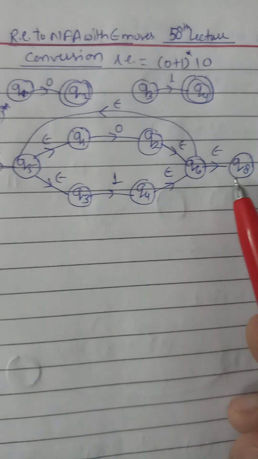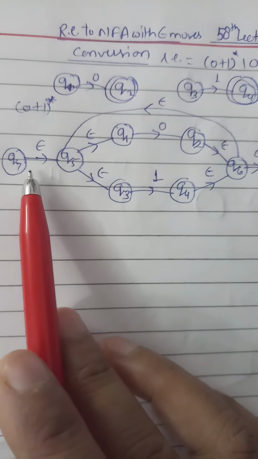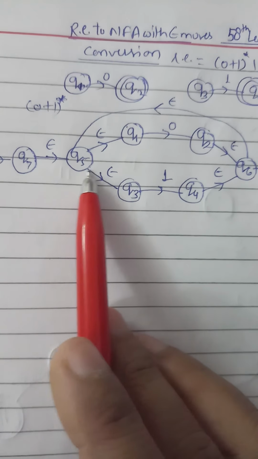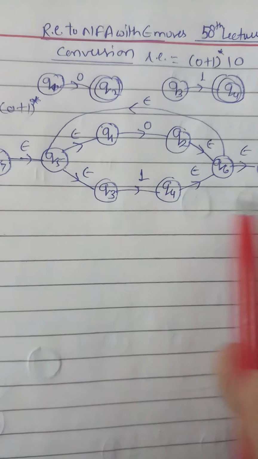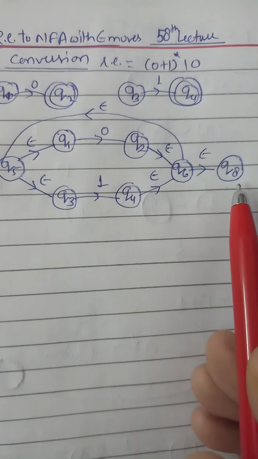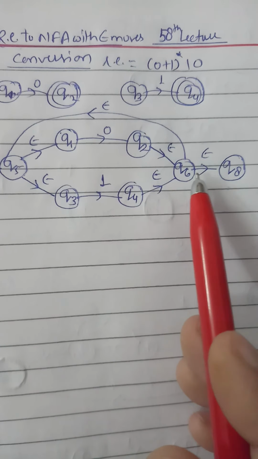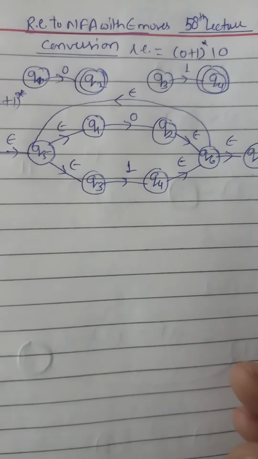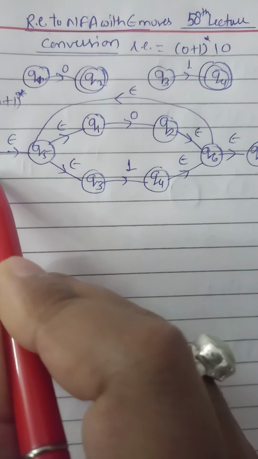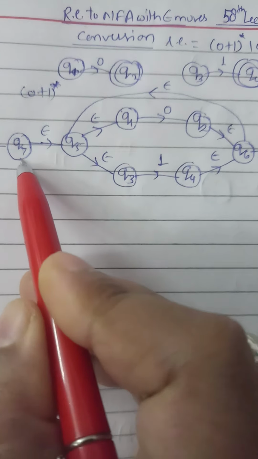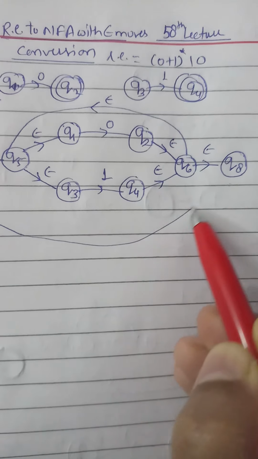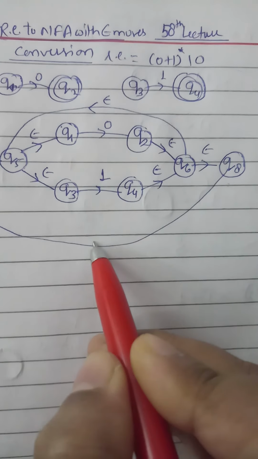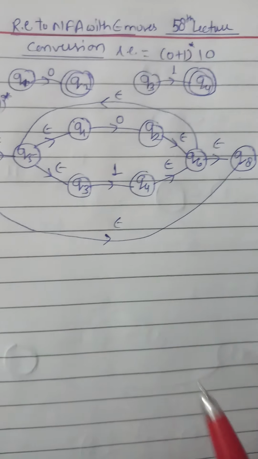So we add another initial state Q7, connect it with Q5 with an epsilon move, and we make another state Q8, combined with an epsilon move, and from Q7 to Q8 also an epsilon move.